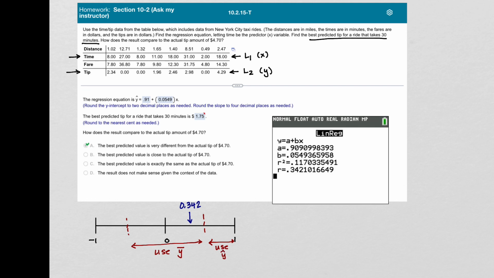So I want to find the mean of the Y values, and that's why this problem is totally different from the last one.